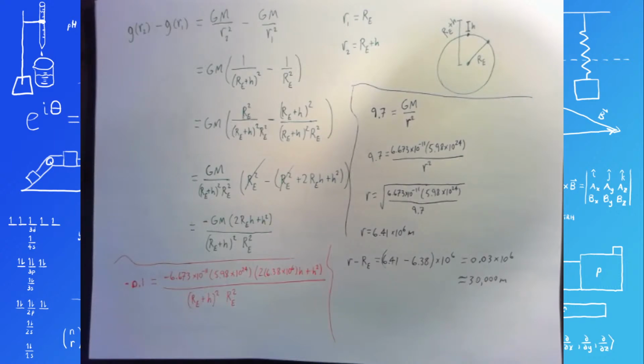You can say that the acceleration due to gravity is approximately a constant 9.8 meters per second squared for up to about 10,000 meters in height change. But if you're dealing with height changes bordering on that or significantly greater than that, then yeah, Newton's law of universal gravitation is what you're going to need.